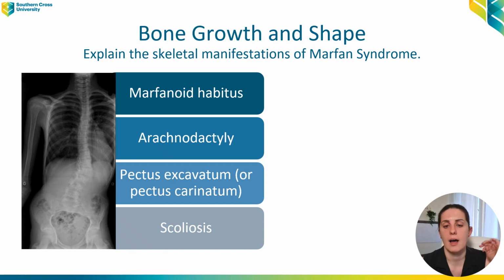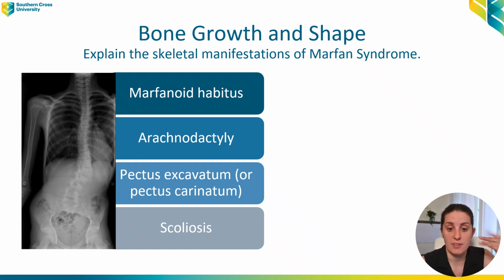And then one of the things that's perhaps most obvious to other people, but I think not necessarily the most bothersome for the actual patient themselves, is just the physical manifestations. They'll tend to have what's called marfanoid habitus, which is basically excessive growth in the long bones, which leads to being really tall with limbs that are really long.